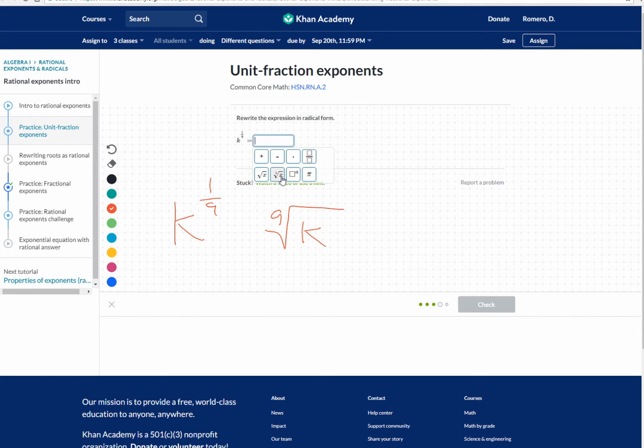So hit a cube root, but then go up to the 3 and change that to a 9. That makes sense. You wouldn't be able to do that with a square root. Did everybody see that? So it's documented. It's on video. Change that to a 9, then a k.